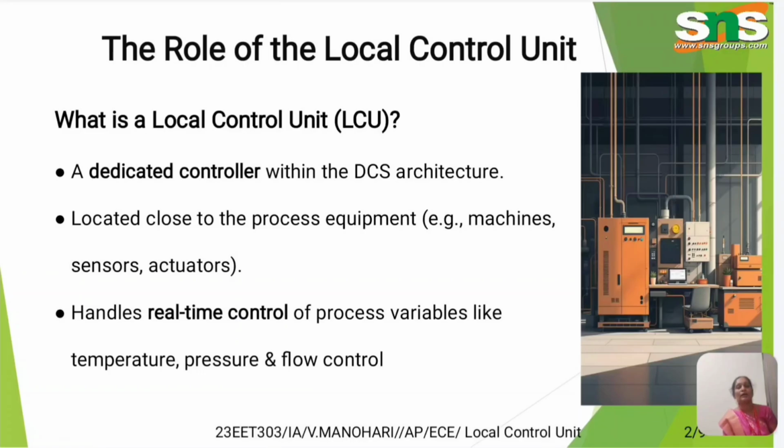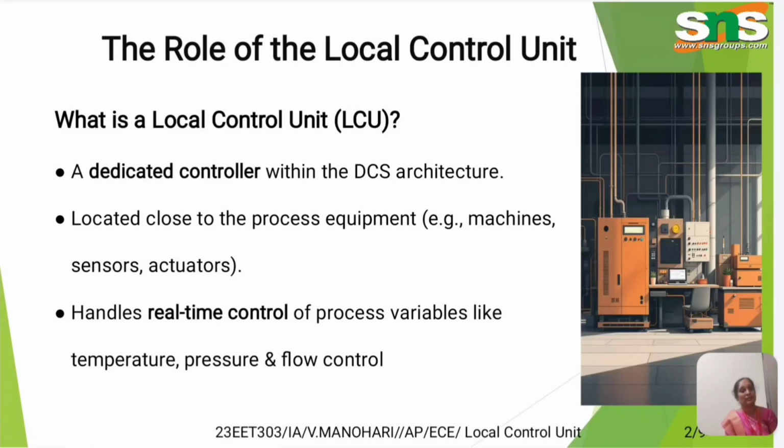Here, the local control unit comes into the picture. Let us focus on the local control unit, nothing but an LCU. An LCU is a dedicated controller within a DCS architecture. It is usually installed close to process equipment, right next to the machines, sensors or actuators that it needs to control. Why is it important? Because being near the equipment means the LCU can respond quickly to changes.